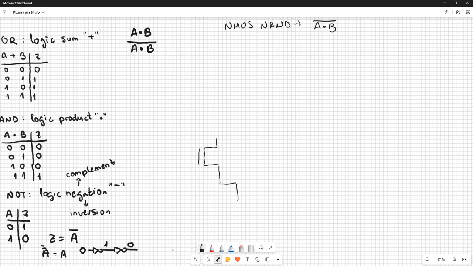One transistor and the other. They are NMOS because we have an NMOS technology, and we are going to have one input and another input.